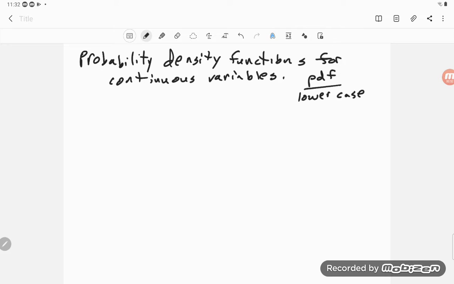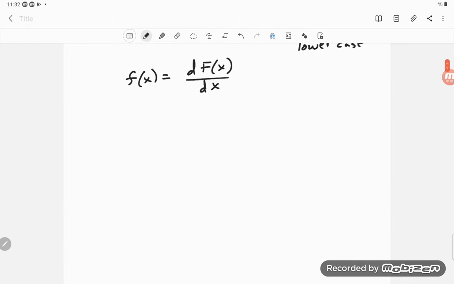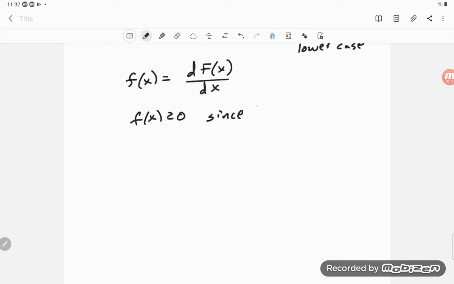For the continuous case, we can just define f of x to be the derivative of big F of x, the CDF, with respect to x. And it's that simple. Now, what we know is that f of x will have to be greater than or equal to 0, since F of x is increasing, or at least non-decreasing.